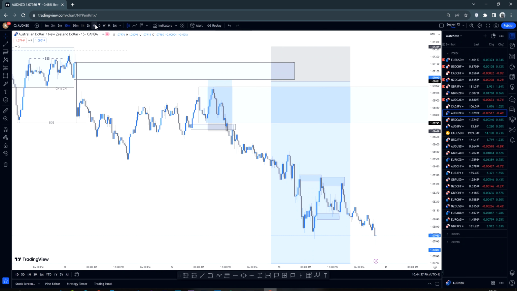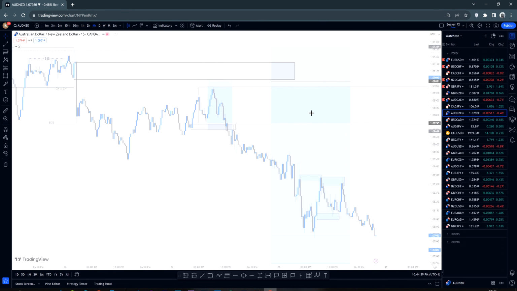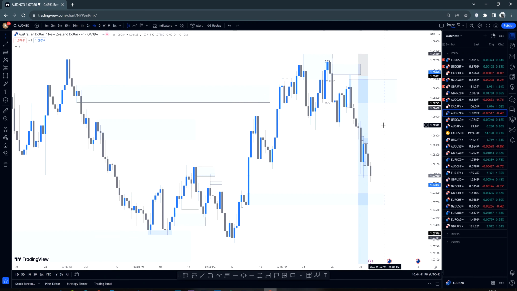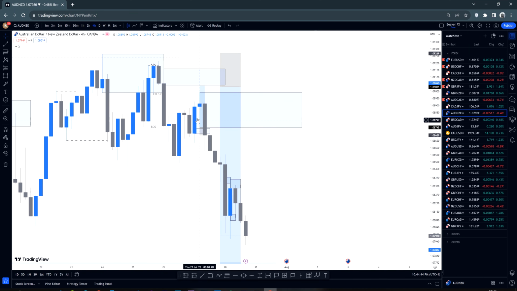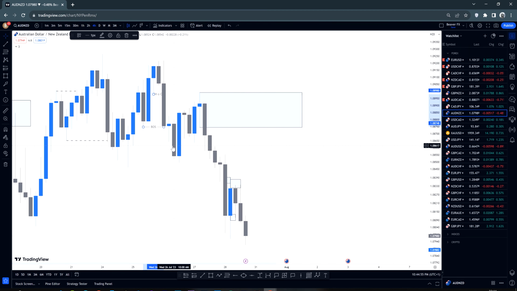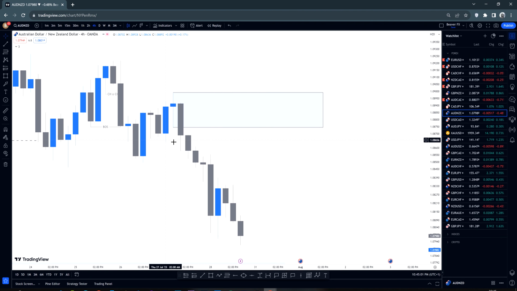So the next zone I'll probably be watching out for now is, let's see, yeah, this is a 4-hour order block. I know this is a little bit choppy. Let me delete all this so we can see what we're actually dealing with here. So this is the other block I'm looking for.